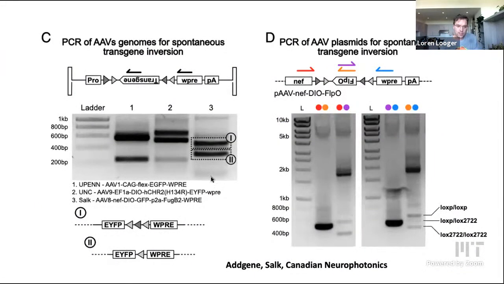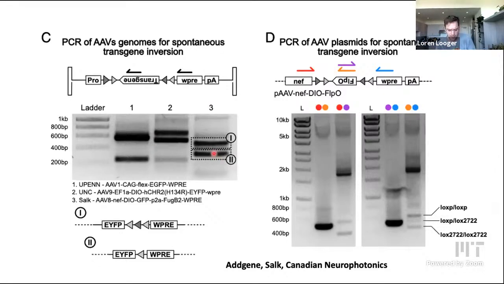What's going on is not terribly surprising. The lox sites are supposed to recombine in the presence of Cre, but depending on the specific protocol that people used, there can be a little Cre-independent recombination.